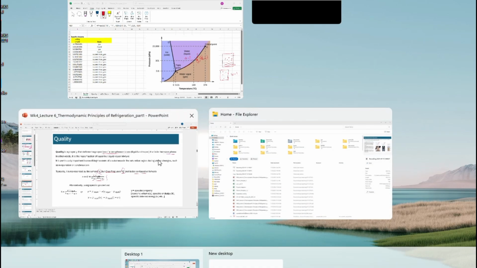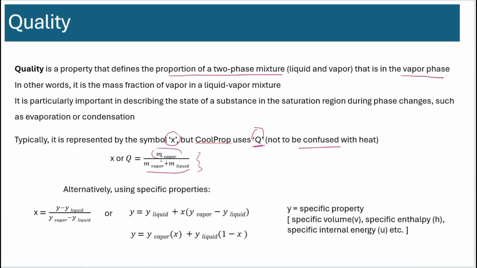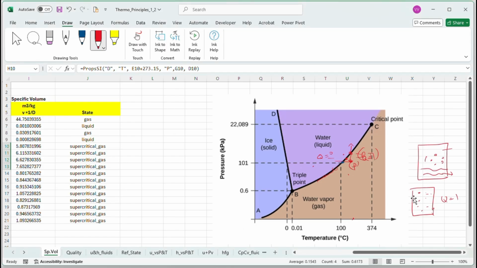So coming back to the equation for quality, you can calculate it directly like this, but for some reason, let's say you already know the individual specific properties of the liquid phase.